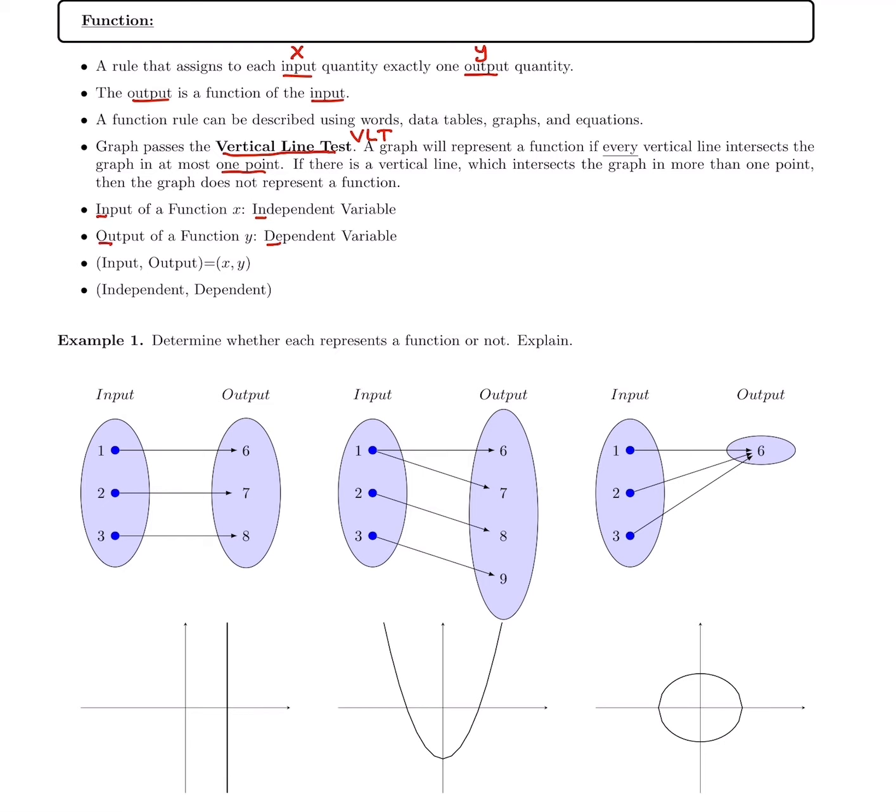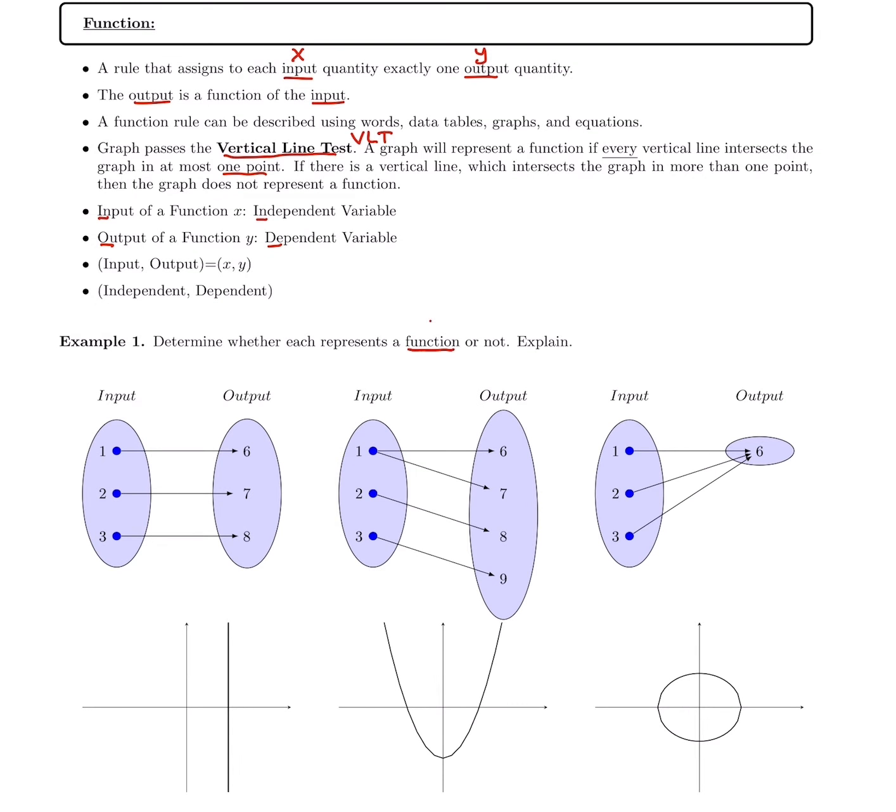Looking at these visually first, we're going to determine whether or not it's a function. A function, again, means each x goes to one y. That's how we know we have a function.